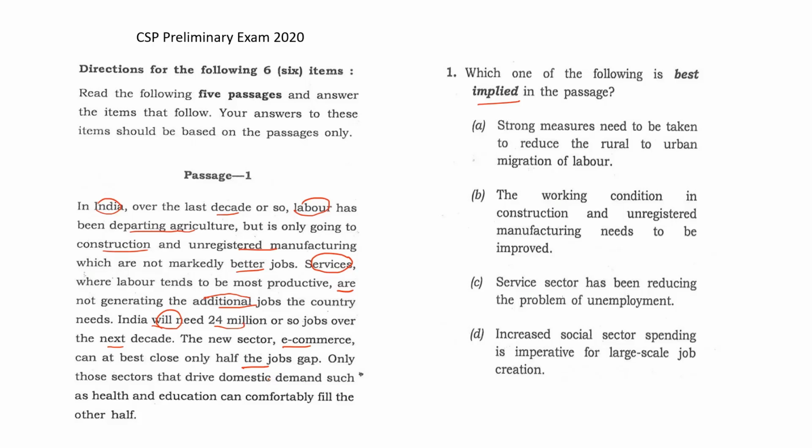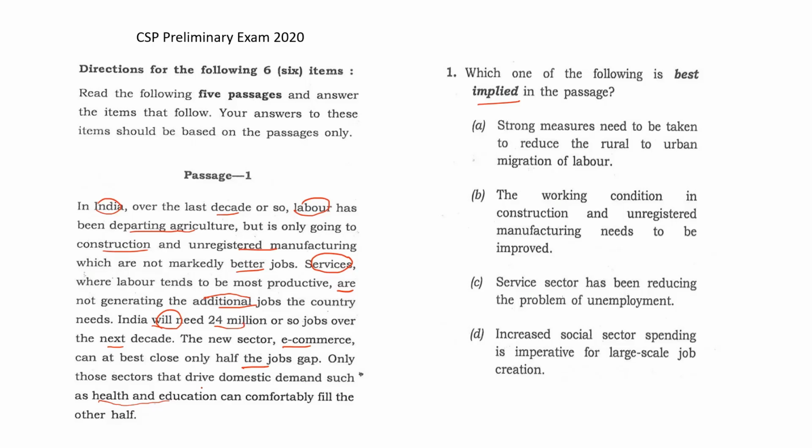Only those sectors that drive domestic demand, such as health and education, can comfortably fill the other half. So half of the jobs could be filled by e-commerce, the rest by health and education. Clear? Now we read the options.